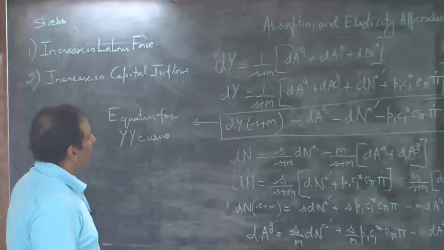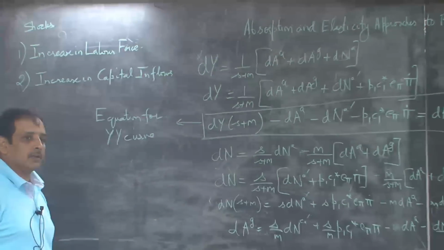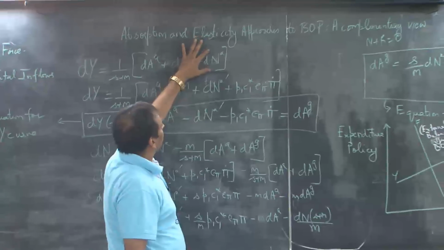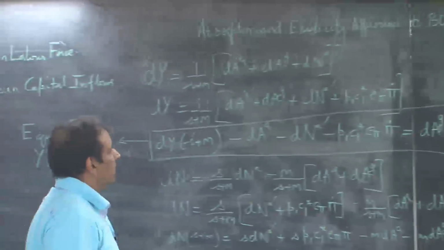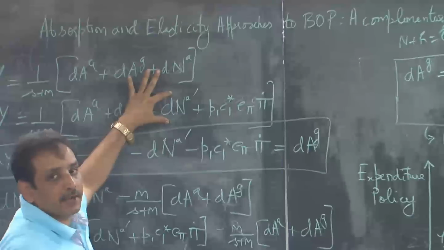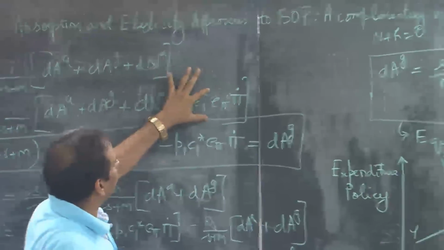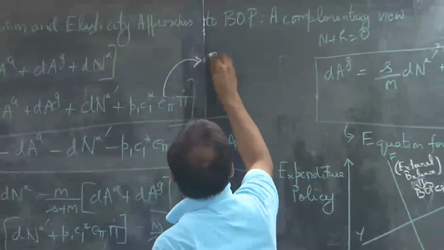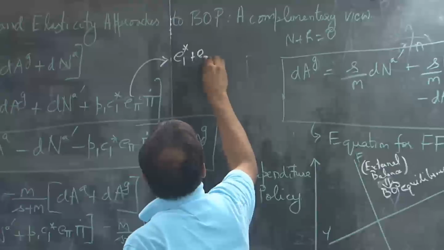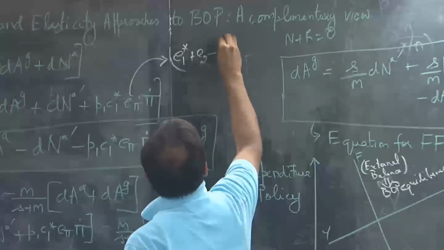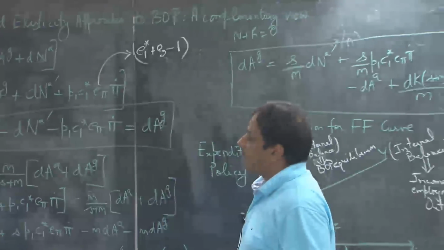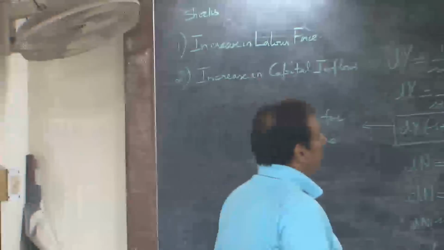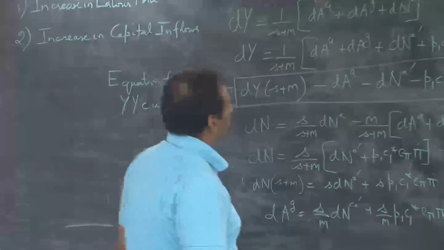And after discussing the Marshall-Lerner-Robinson condition, now this DNA term is further bifurcated into a purely autonomous term, which is DNA dash, and a term which has the Marshall-Lerner-Robinson condition, E1 star plus E2 minus 1, where E1 star is the foreign import demand elasticity, E2 is the home import demand elasticity.